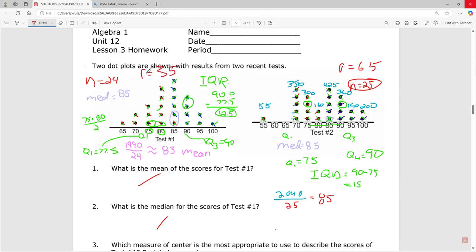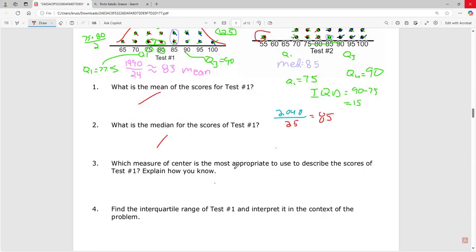So this one has a much smaller range, indicating that the data is more evenly distributed. This one has a much larger range, indicating that the data is more erratic and spread out, and it may even have an outlier like that. So what's the most appropriate to use to describe the center point, the mean or the median?